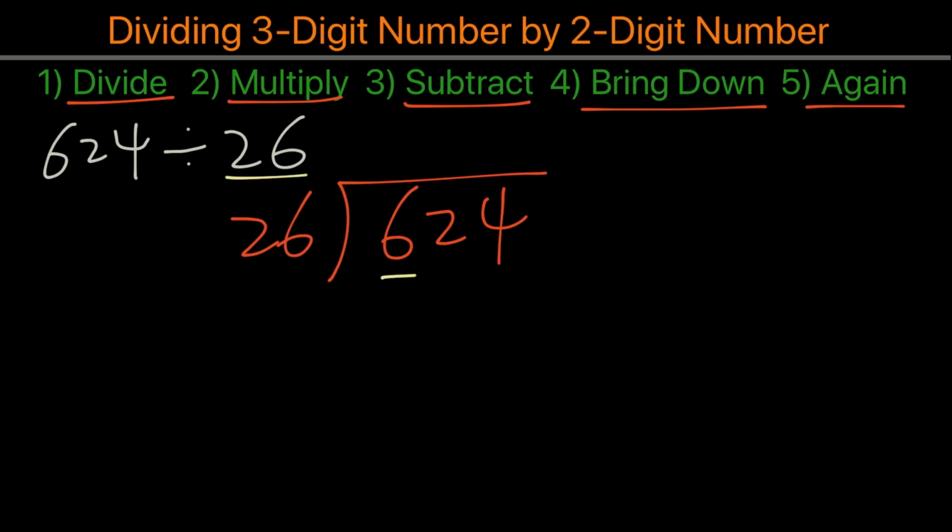So the number 6 is definitely too small for 26, so we will have to go with 62. And we want to place the number here and not here, and the reason is because we're dividing by 62 and not by 6. So 26 times 2 will give us 52.